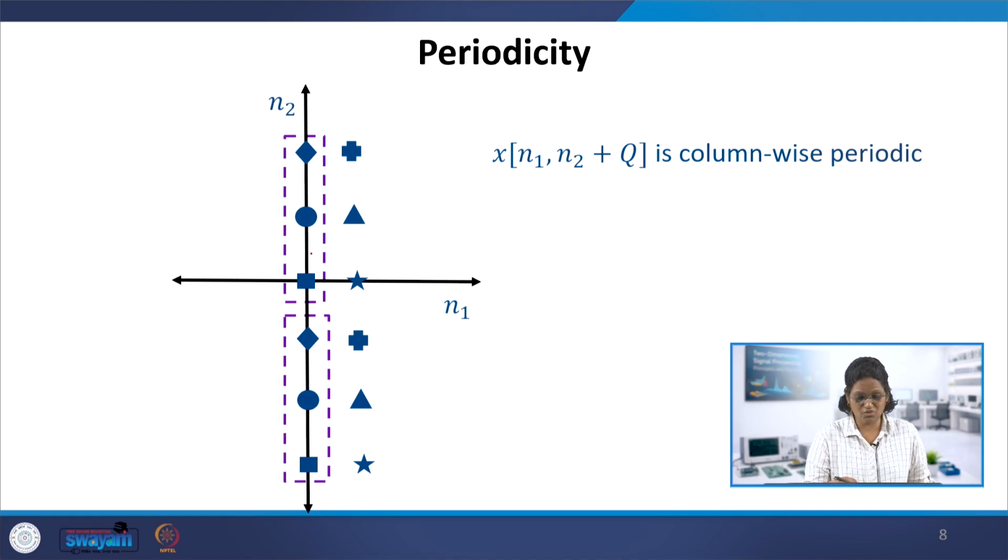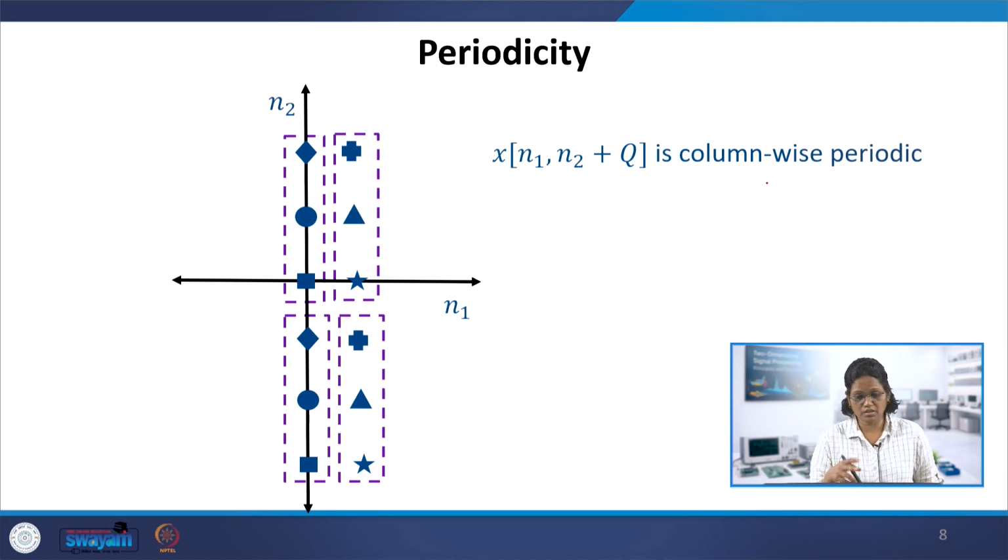So Q equal to 3 here, N2 plus Q, and a similar thing can be observed in the other column also. You can see that 3 different samples from the first column appear again in that column. So every column will have the repetition, that is column-wise periodic. If you recall in the 1D signal, the pattern is repeated in n.